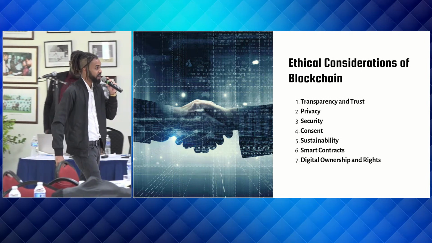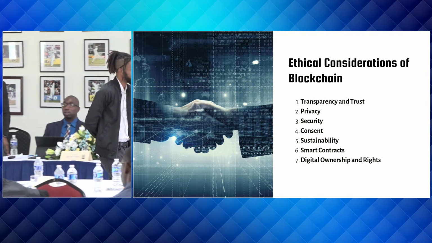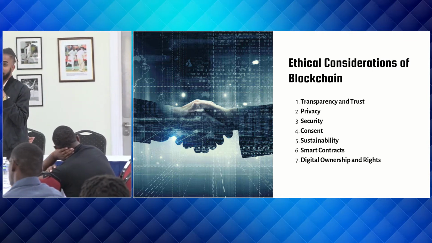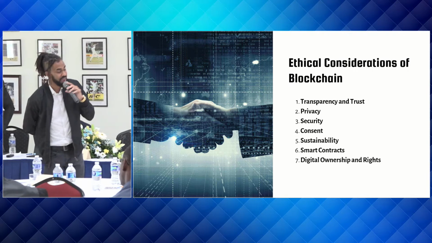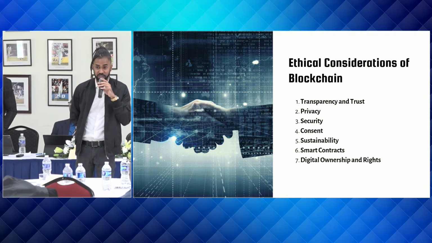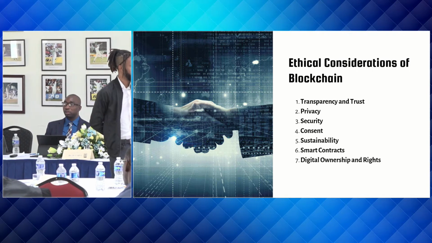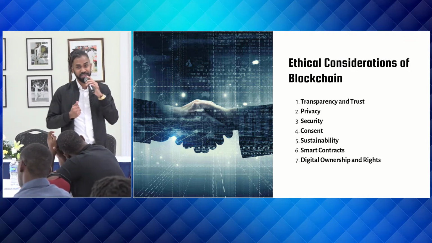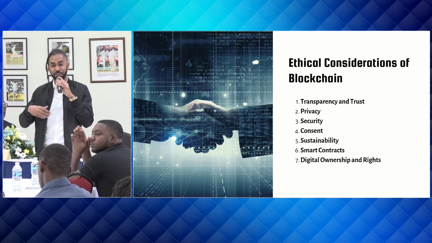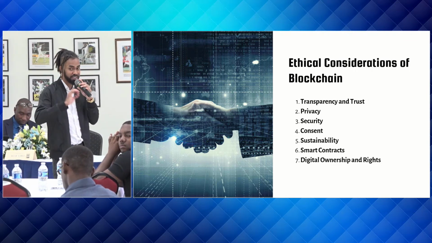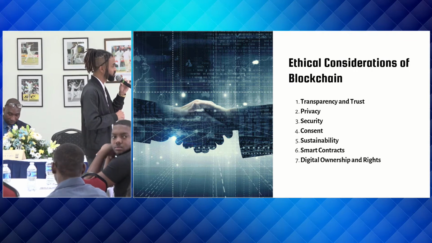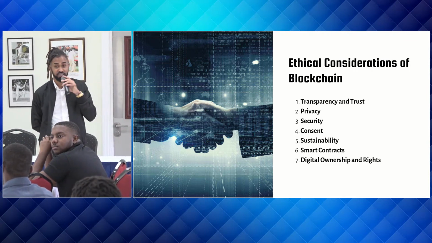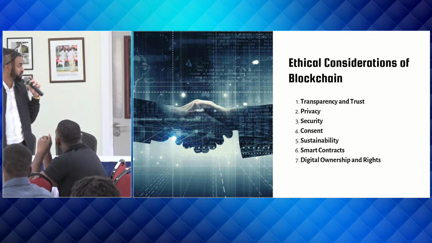Next up, we have the ethical considerations of blockchain, which we need to highlight more transparency and trust. And by this, when I say trust, I mean zero trust, as the infrastructure allows for data and the devices to communicate the trust mechanism, rather than me just saying believe in me or trust in me, the devices will verify. We also have the aspect of privacy, security, and consent of information on our blockchains.